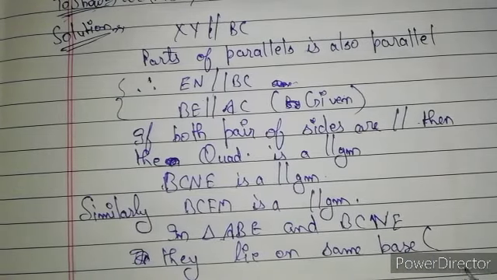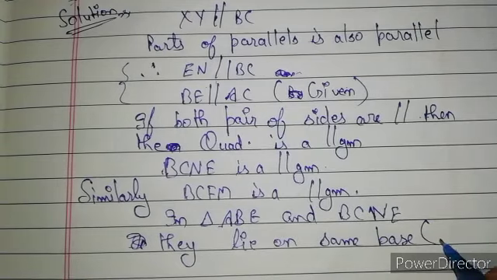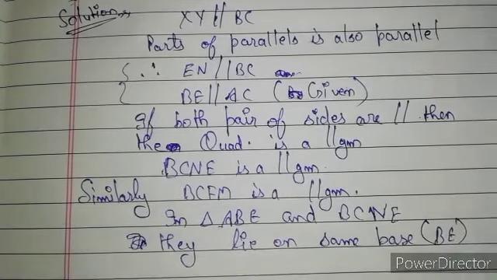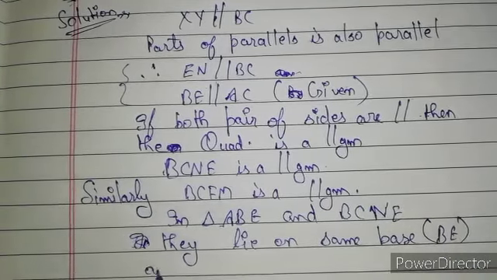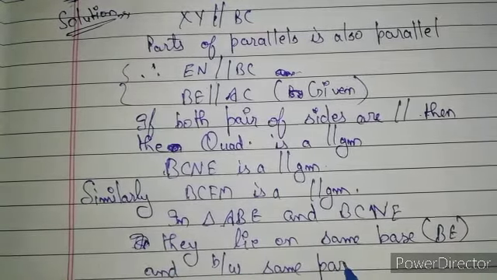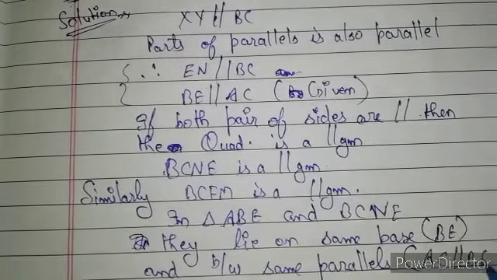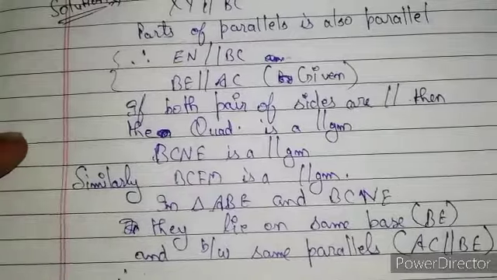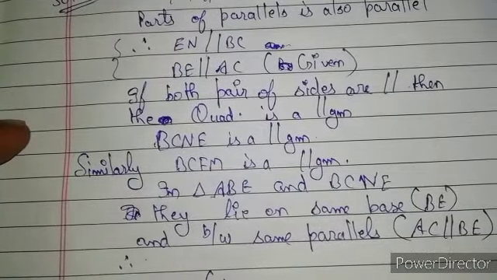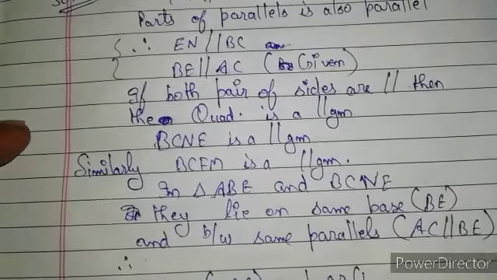But keep in mind that you have to mention every time whatever the base is and which parallels they are lying between. Here our base is BE, and they lie on the same base and between the same parallels. And what is the parallel? That AC is parallel to BE. Therefore we can say that area of triangle ABE is equal to half of the area of parallelogram BCNE.